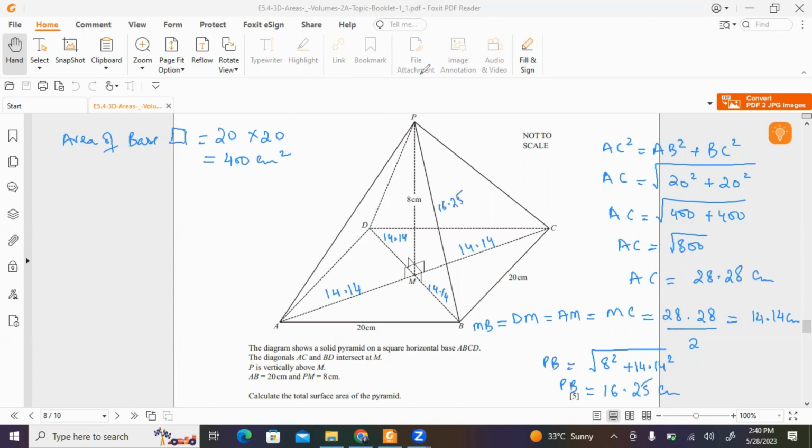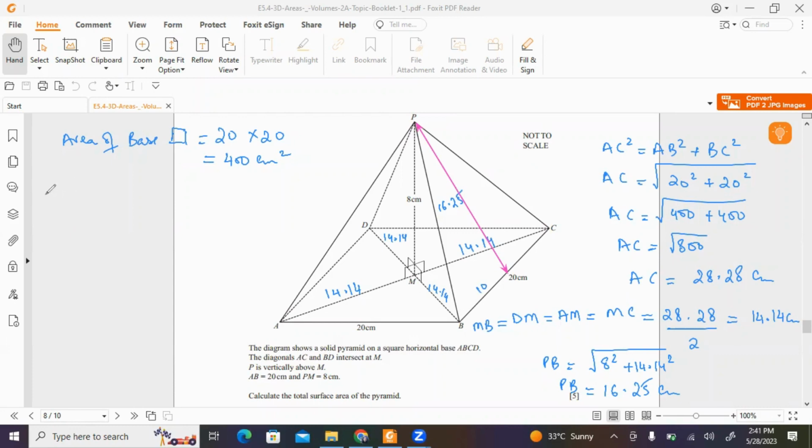So now what we'll do is find the perpendicular height of the triangular face. For that, we have a right triangle with hypotenuse PB. We know that the base is going to be 10 if we split it into two halves.